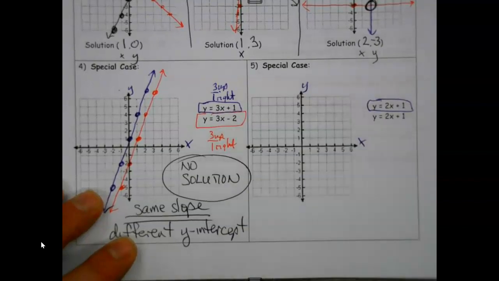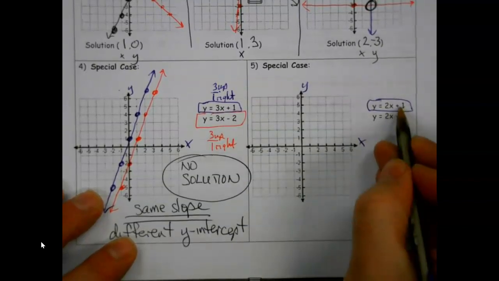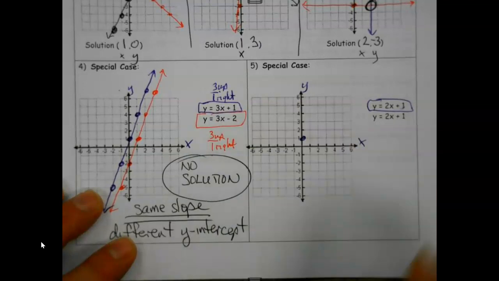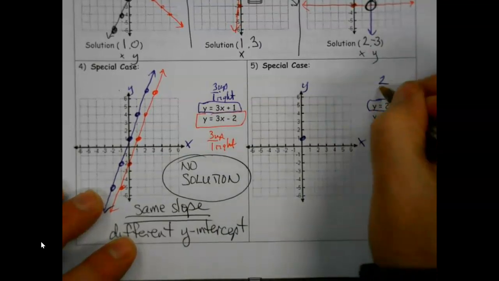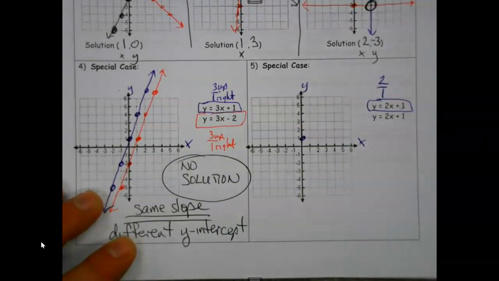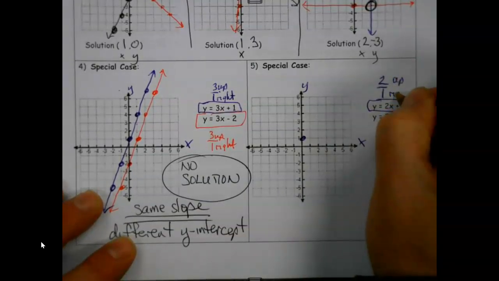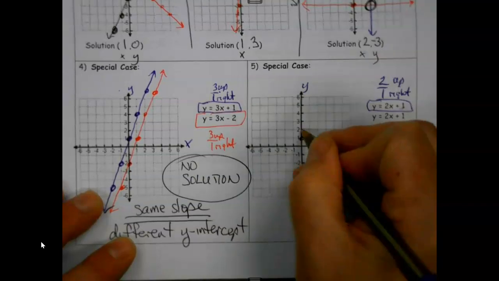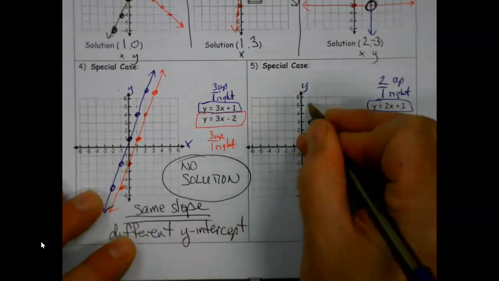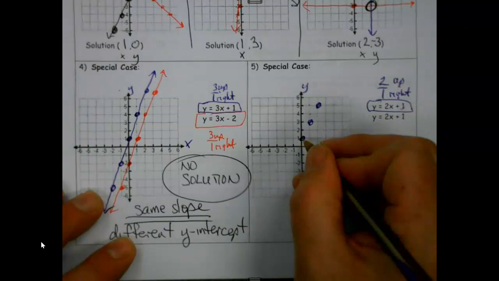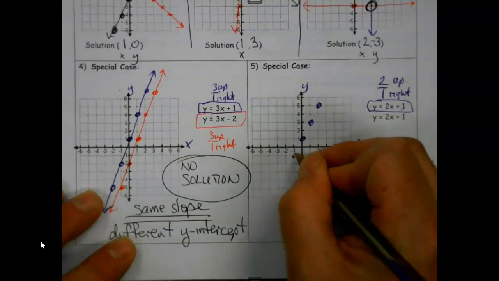So again, I go to graph. And I'm like, all right, my y-intercept is at 1. Got it. My slope is 2 over 1. Two up, 1 right. 2 up, 1 right. 2 down, 1 left.